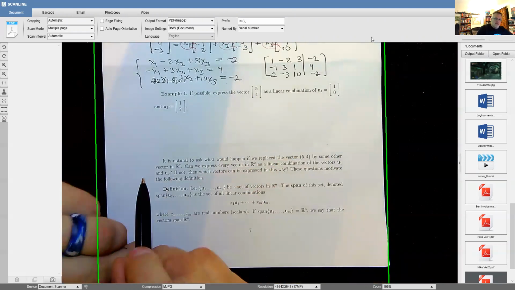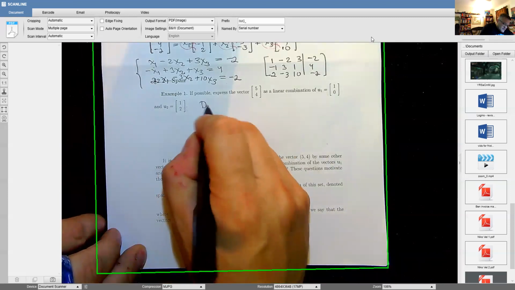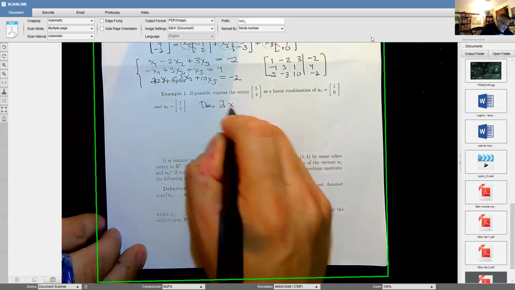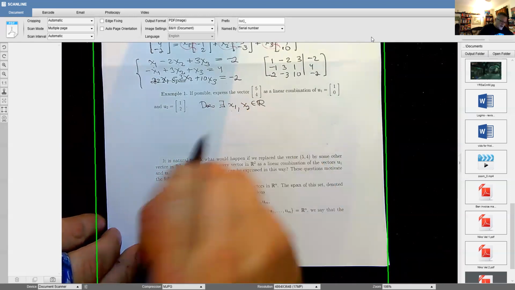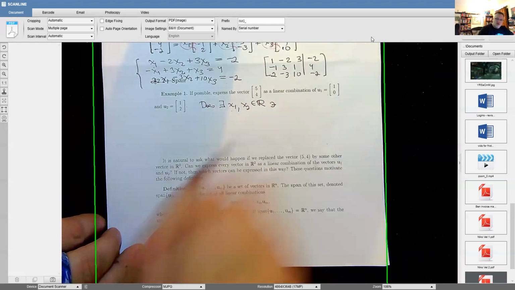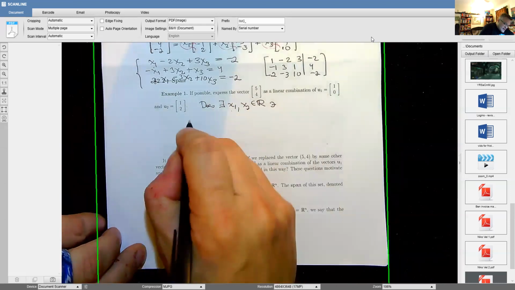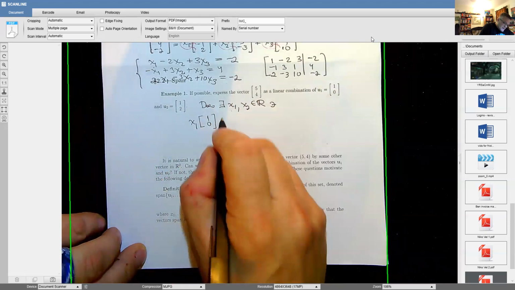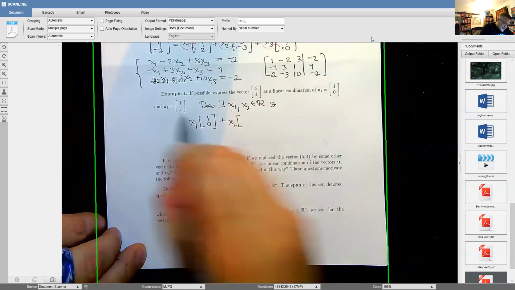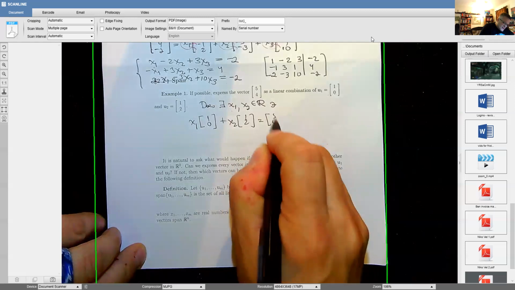All right, so remember what a linear combination means. Does there exist an x1 and an x2 in R? So we want to find scalars x1 and x2 such that x1 times this vector plus x2 times that vector is equal to this vector, right?